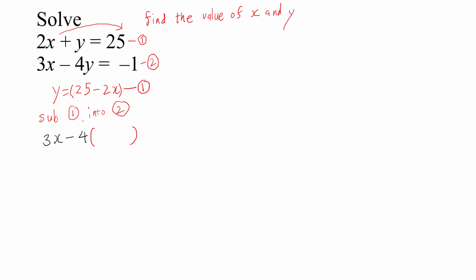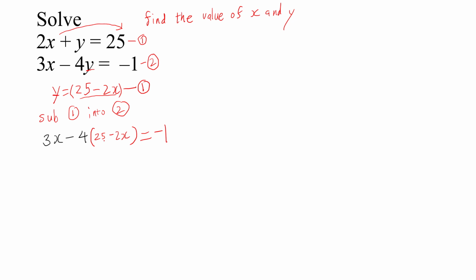It is very important when you see a minus here that you put a bracket for protection, because minus is very dangerous. So instead of writing y, I would write 25 minus 2x, then equals to -1.